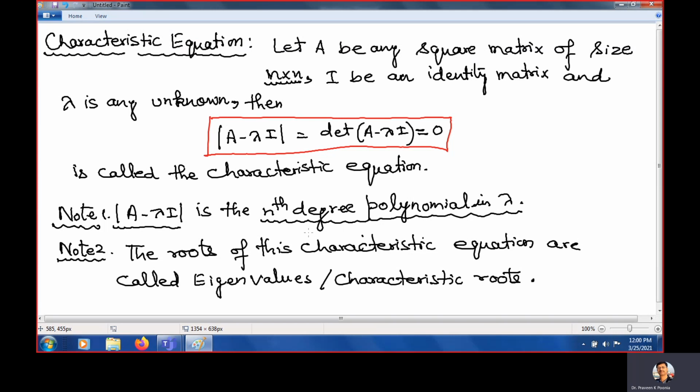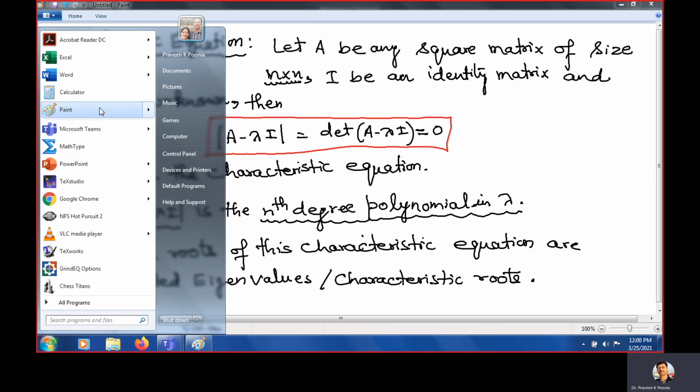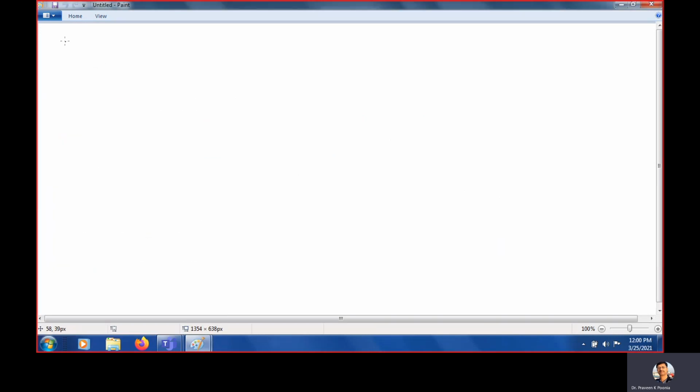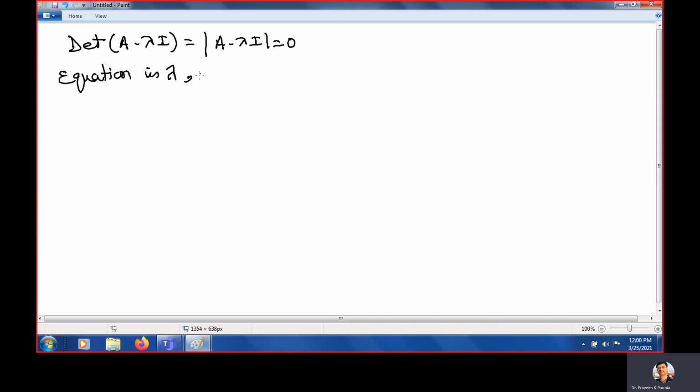The meaning is that if the characteristic equation is the determinant of A minus lambda I equal to 0, then we will get an equation in lambda: a0 lambda^n plus a1 lambda^(n-1) plus a2 lambda^(n-2) plus ... plus a(n-1) lambda plus an equal to 0.